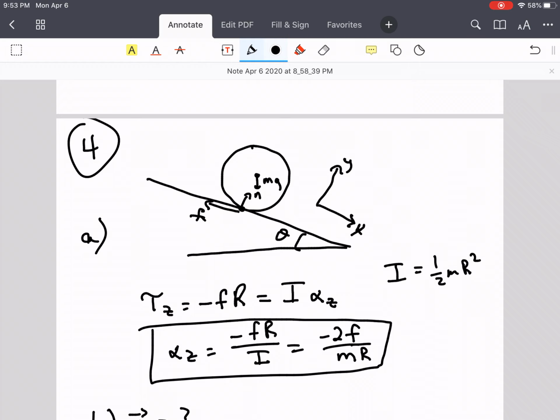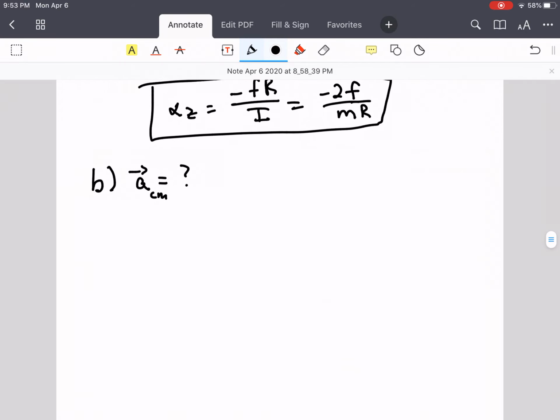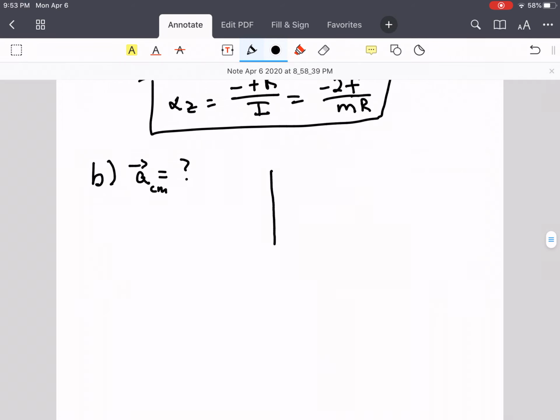And now there's only one force that I need to break up into components, which is weight. My weight is pointing straight down. I want to break it up into a perpendicular component that points in the negative y direction, and a component that points in the positive x direction, so Wx, Wy. You can do a little trig or a little geometry, figure out the small angle here is theta.